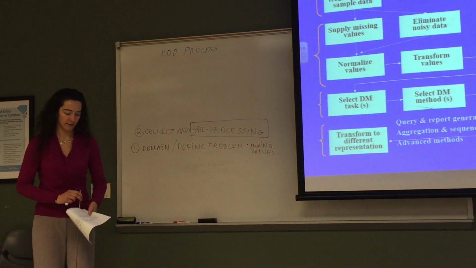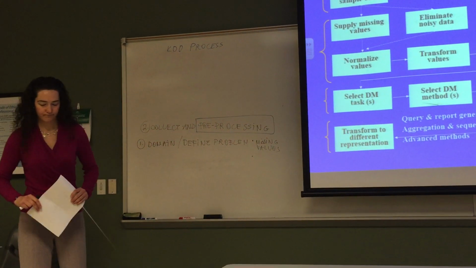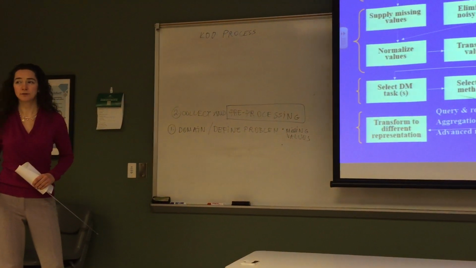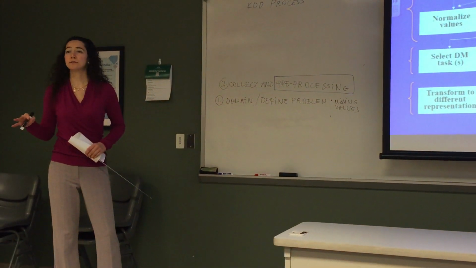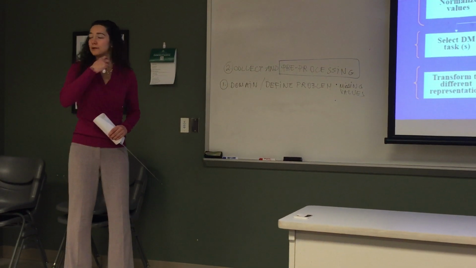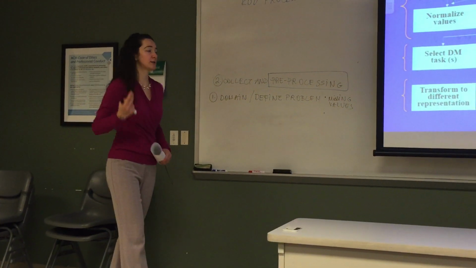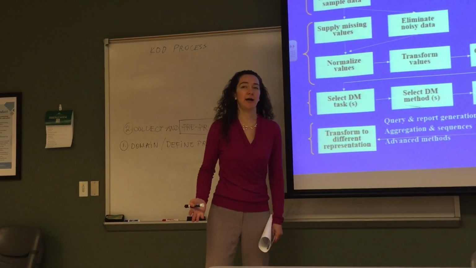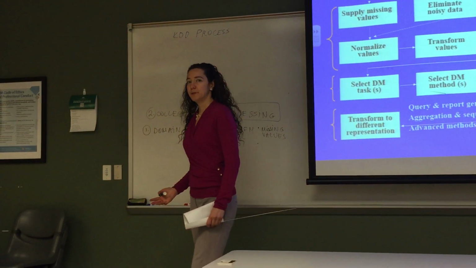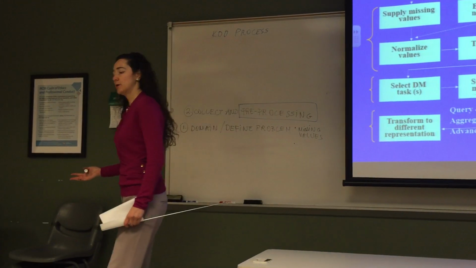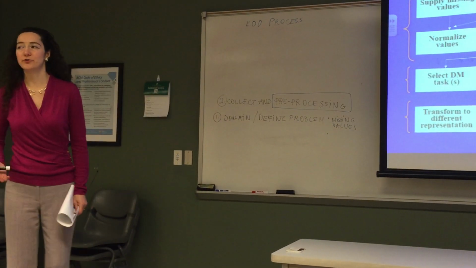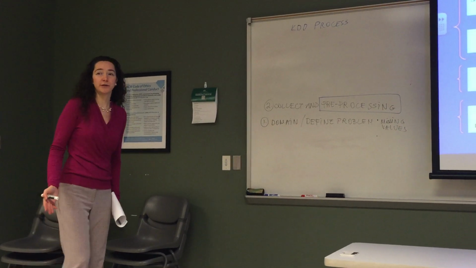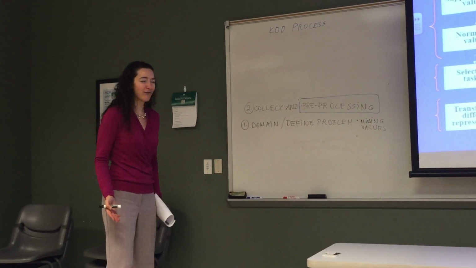Noise means that the data is incorrect, so somebody typed in a wrong number. Let's say most of our customers are of age between 20 and 55, and all of a sudden there is a customer whose age is 130. Or maybe it's 230. You're like, what is that?